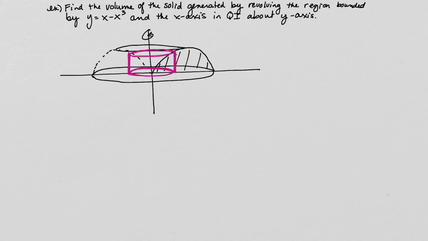My volume is going to be 2 pi times an integral, and we'll deal with the limits of integration in a couple minutes. We need the radius and then the height. And since we rotated around the y-axis, it's going to be dx.